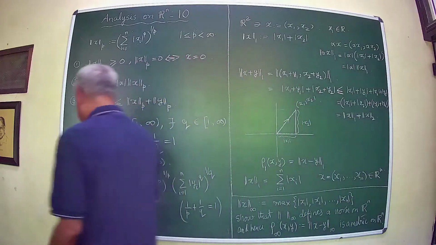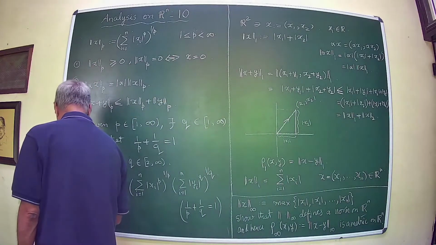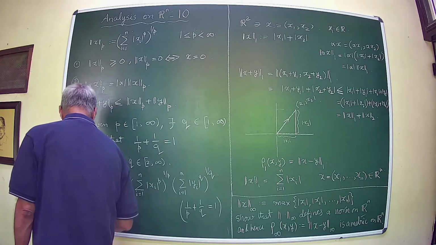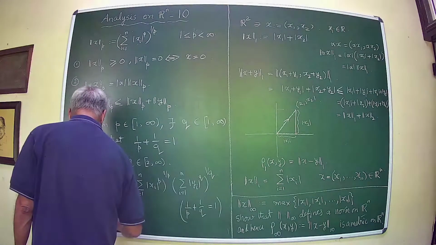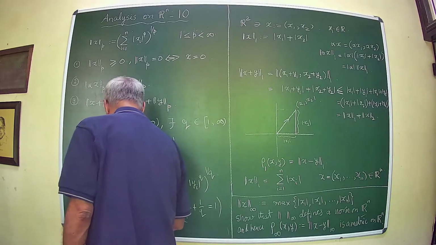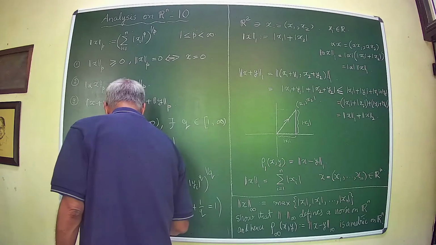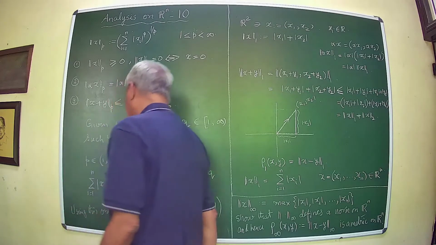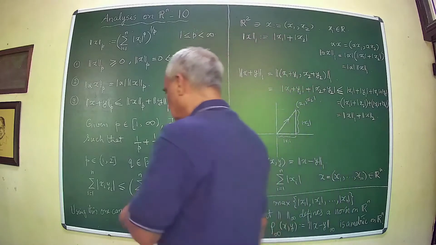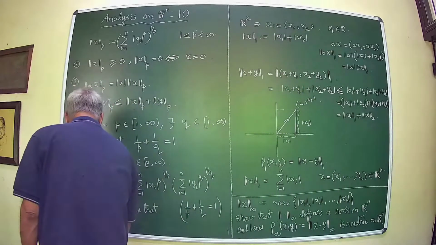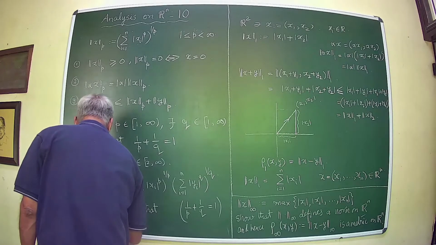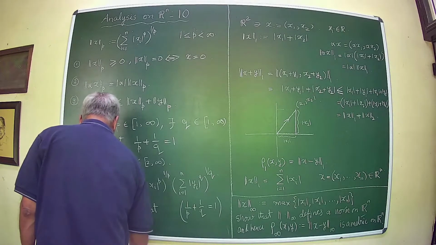Then using this, prove that the norm of x plus y in p is less than or equal to the norm of x plus the norm of y.